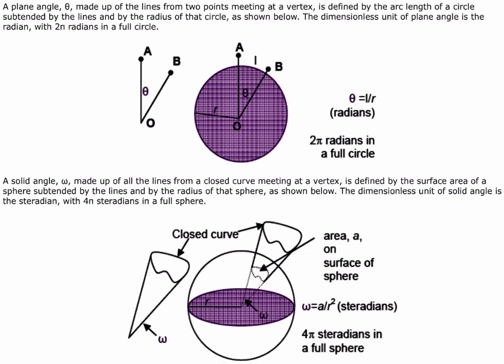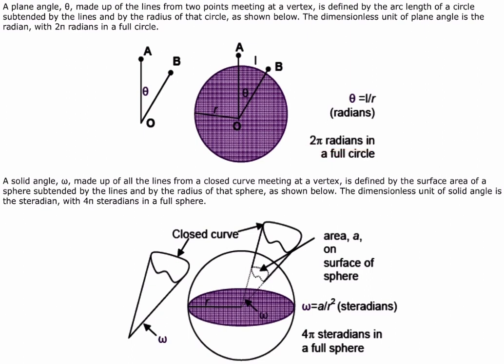So the plane angle in two dimensions will be given as theta is equal to arc by radius. The unit of this plane angle is radian. This plane angle in a full circle is equal to 2 pi radians.